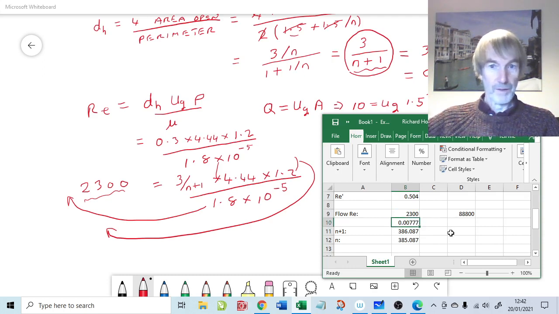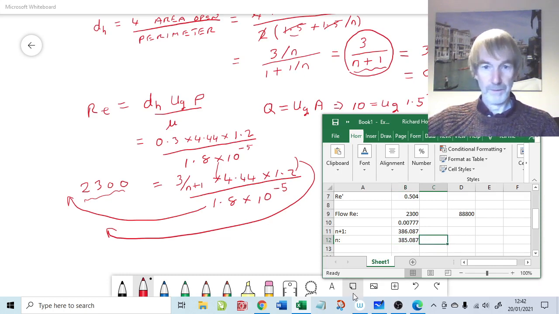Now that is 3 over n plus 1, so n plus 1 is equal to 3 divided by that value, and that gives us 386. So if you take away the 1 from both sides, that actually leaves us with 385 trays as the answer.